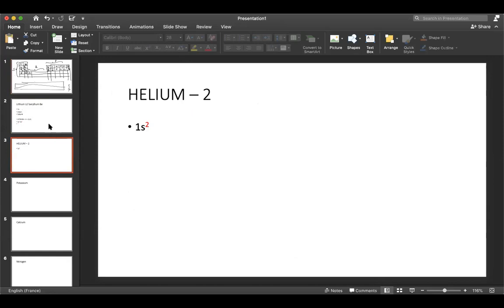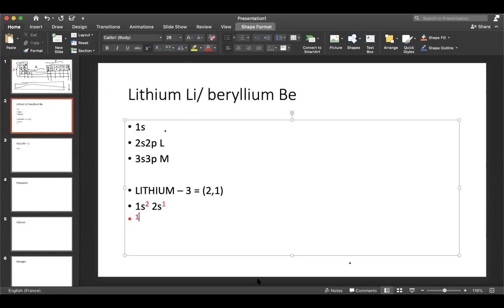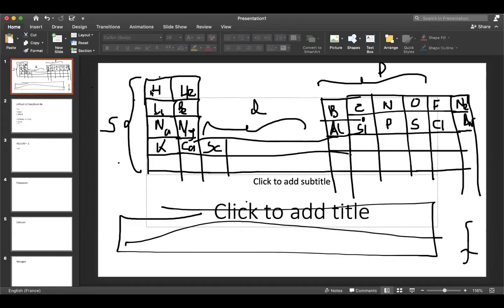So lithium is found in period 2. This is period 1 for hydrogen and helium, and period 2 for lithium.